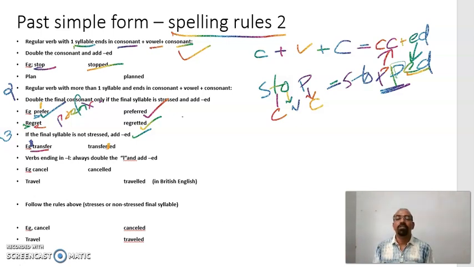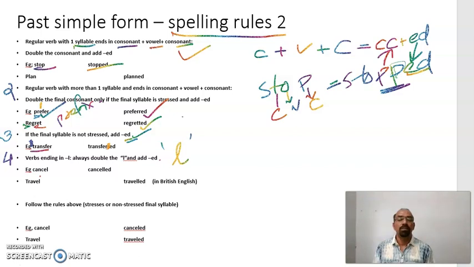Transferred. Transferred. Simply add ed. Then fourth, verbs ending in L. Always double the L and add ed. So that is a special rule.